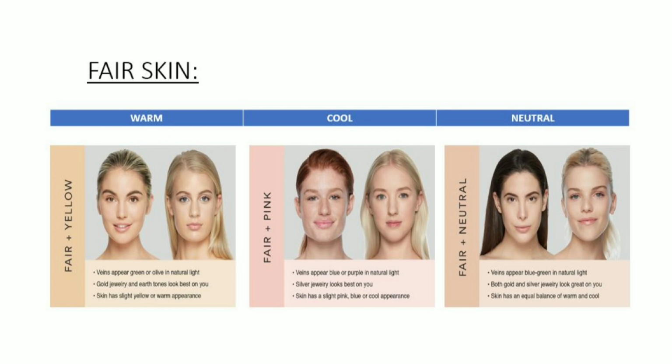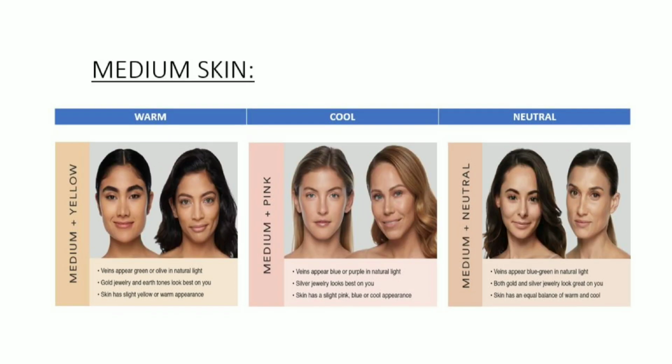In the fairer skin type, if you are more towards the warm category, you will see that your skin is more pale. And if you are of the cool category, you will see that there's more pink in your skin. When we move to the medium category, the warmth may move to a goldenish or brownish hue, and the cool category will show the absence of warmth, which means there'll be no golden or yellow hues to the skin.